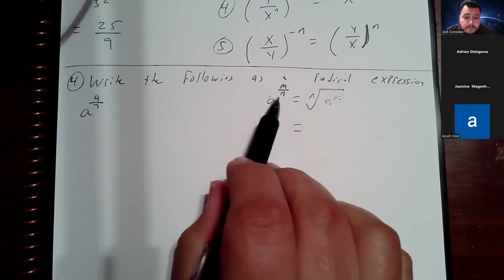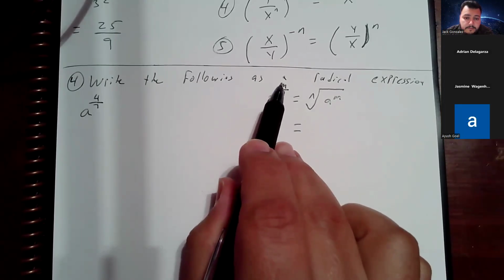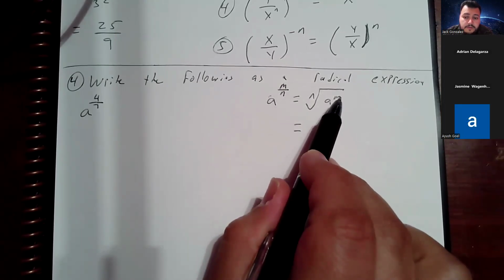All right, so you see the root here, the n, that's the index, and the power m is the power on the a.